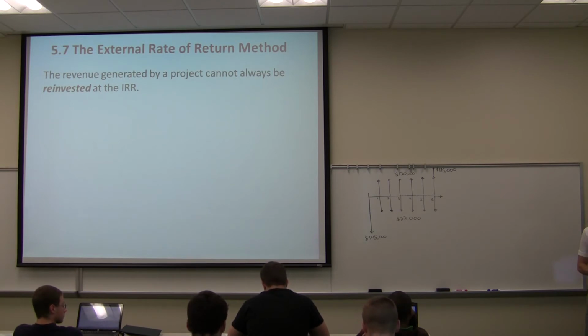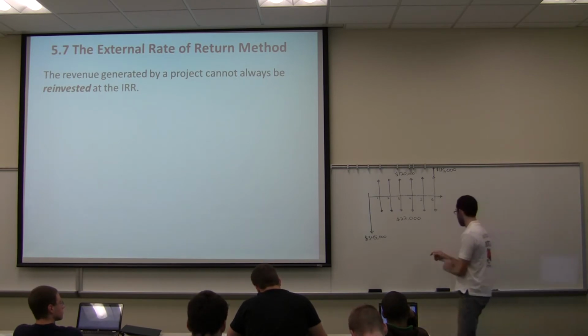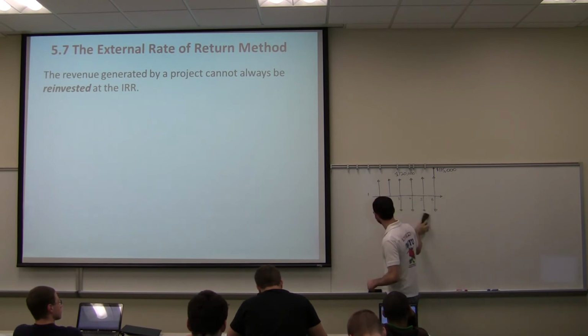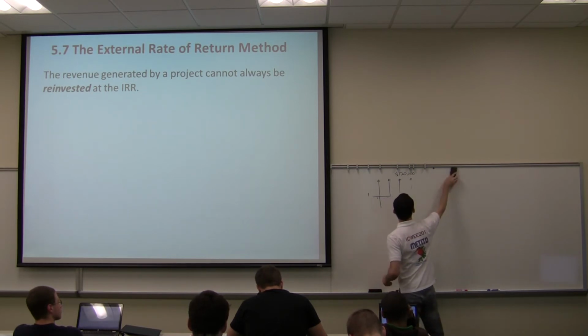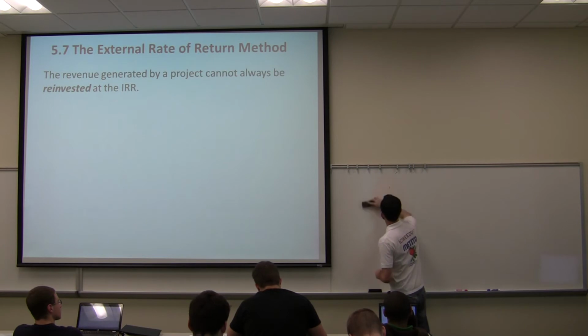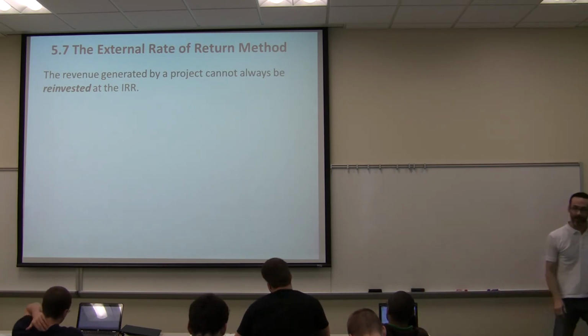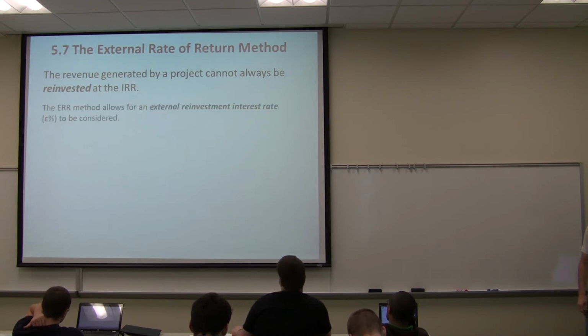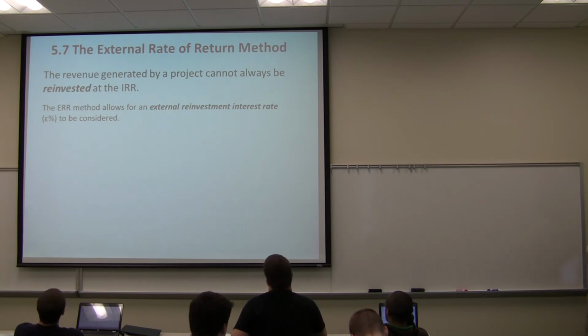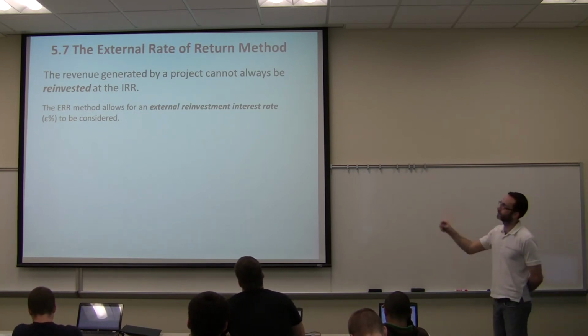So this has some unfortunate variable definitions, and you're going to have to be really careful here over the next 3 or 4 minutes to understand the difference between these variables, because they sound alike and they look alike, but they mean hugely different things. So the first variable is the external reinvestment rate, epsilon.